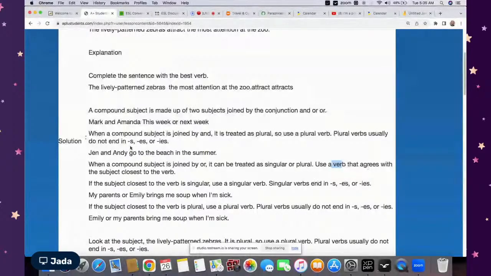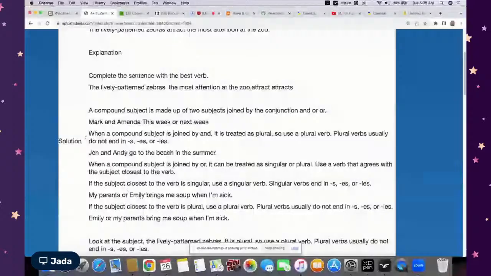If the subject closest to the verb is singular, use a singular verb. Singular verbs end in S, ES, or IES. For example, we have a typical example here: my parents or Emily. Remember that once you see or, it's either singular or plural, but you need to check the subject beside the verb.